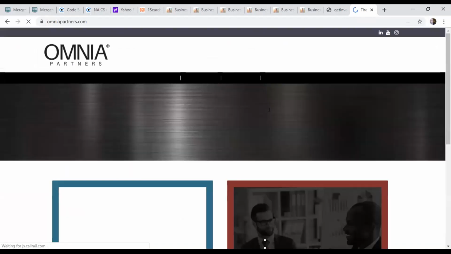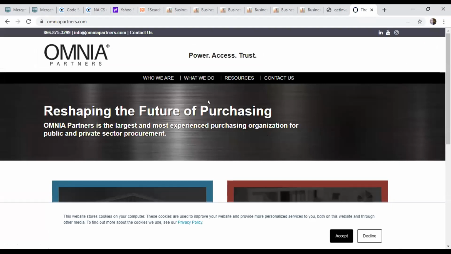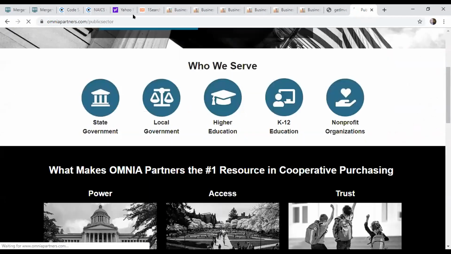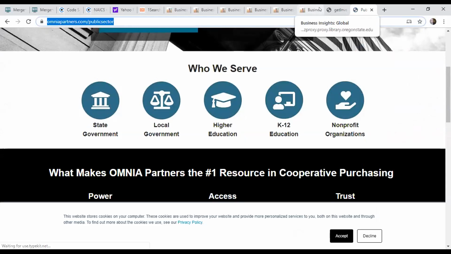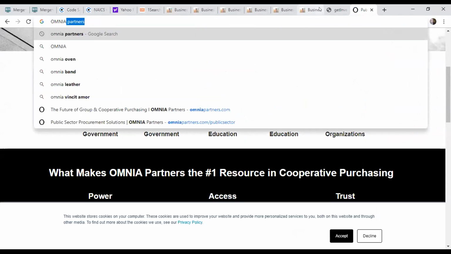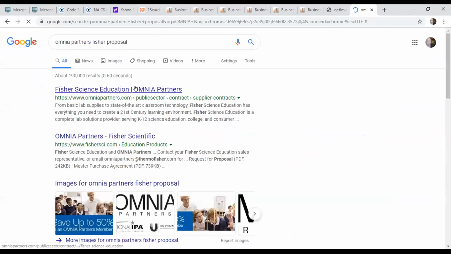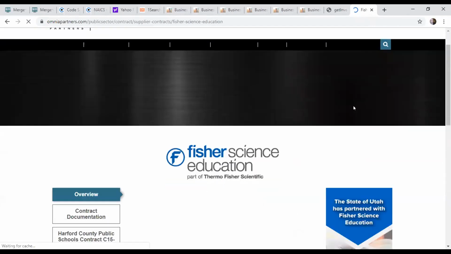And so I'll just go in there, look for their lab equipment portfolio. And actually, if it's taking too long, I'll probably just use Google to go all the way to Fisher, because I happen to know that they have a Fisher contract.